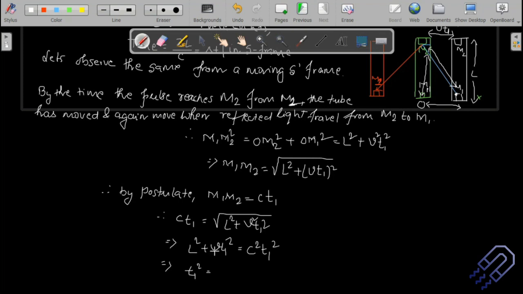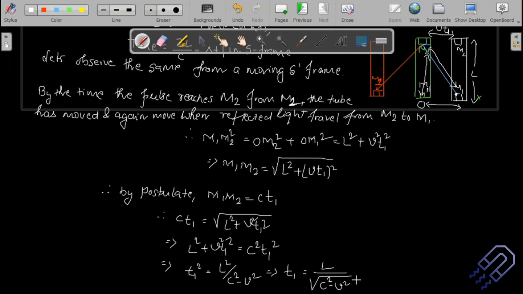Then L square divided by c square minus v square equals t1 square. So this gives the relation for t1: t1 is equal to L divided by root over c square minus v square.